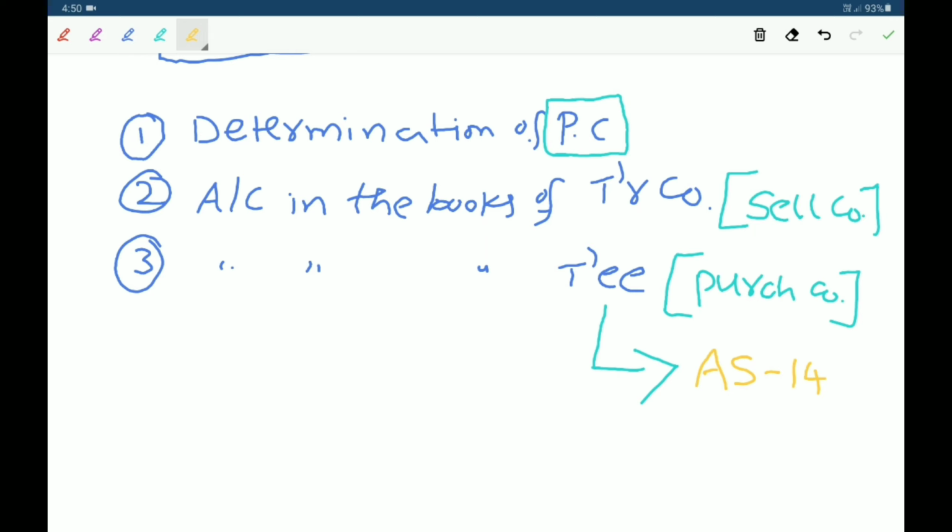Now we discuss some more concepts about this. First, determination of purchase consideration.